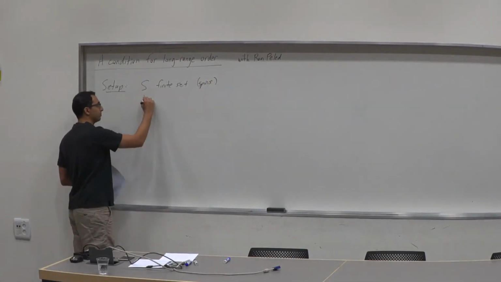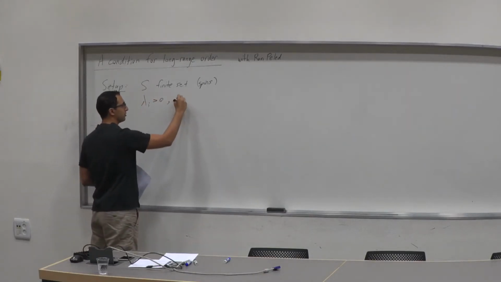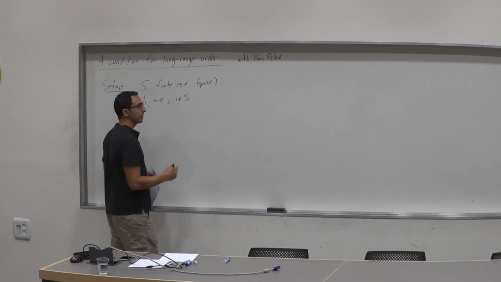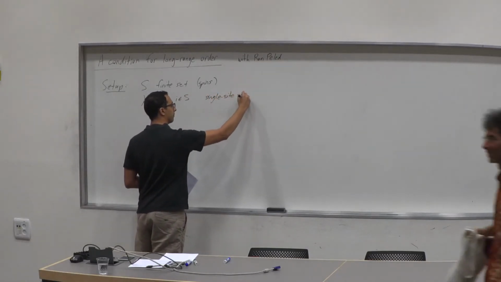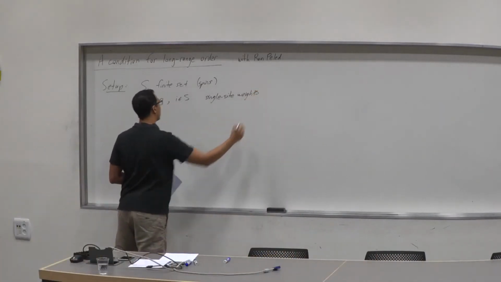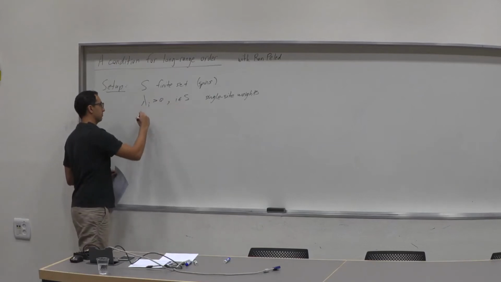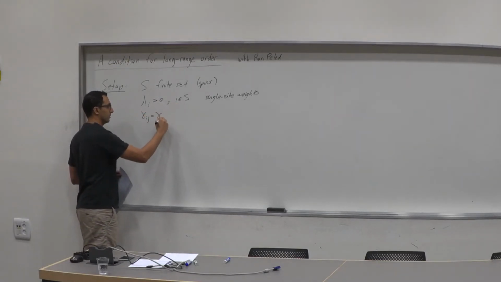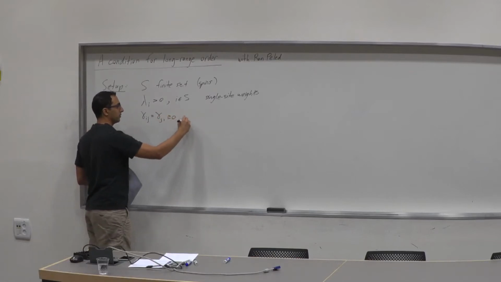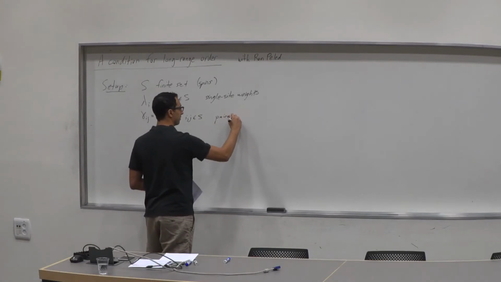And we have positive numbers, lambda I, for every I in S. And these we think of as single site weights. And for every pair of values in S, we have a symmetric non-negative number, which we think of as the pairwise interactions.